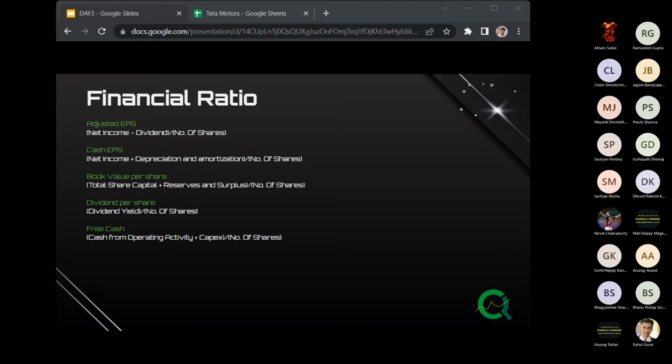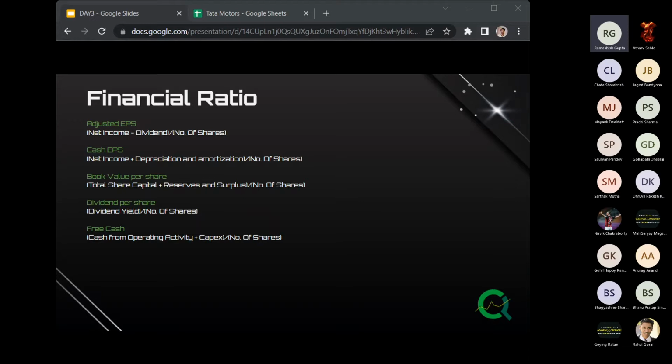What is free cash? It is basically the cash that is generated from operating activity. Suppose the company is operating and it has generated 1,000 crore rupees of cash, and then we will add the capex to it, the amount of cash it has spent on the machines, inventories, giving salary to its employees, and we will divide it by the number of shares.